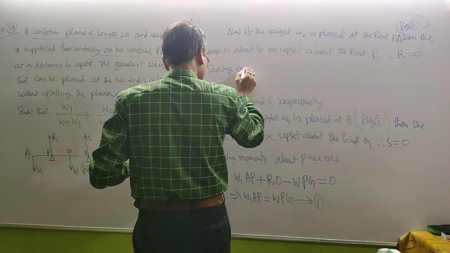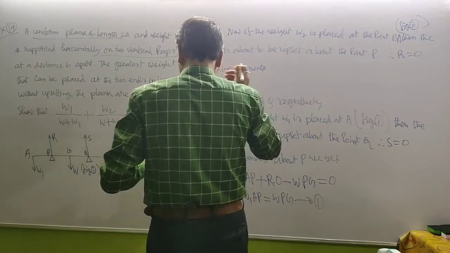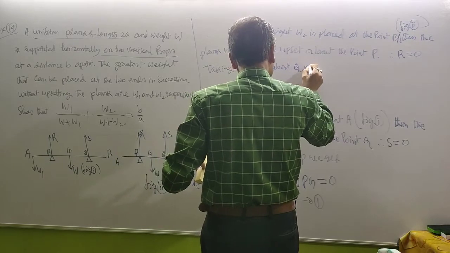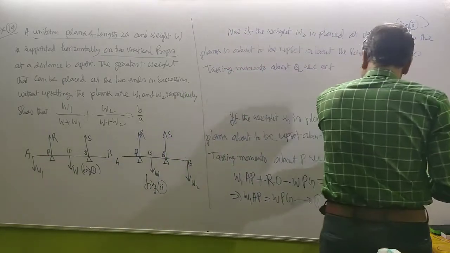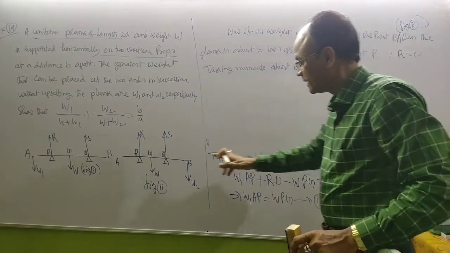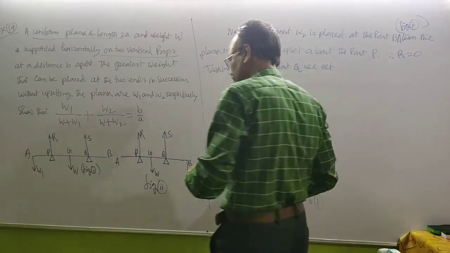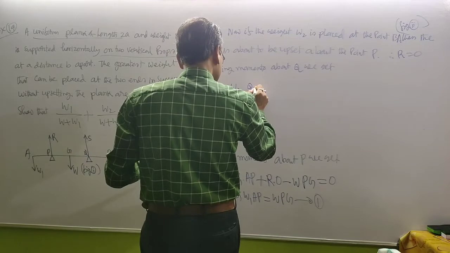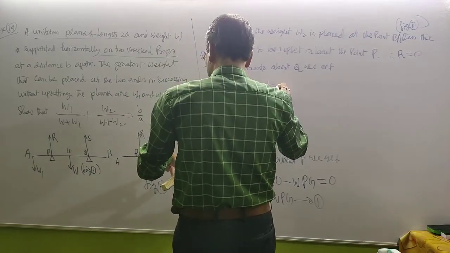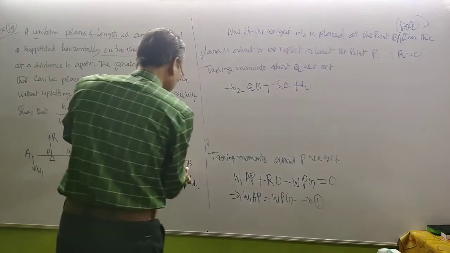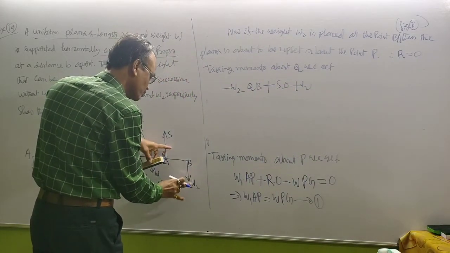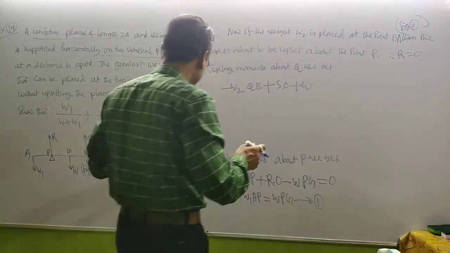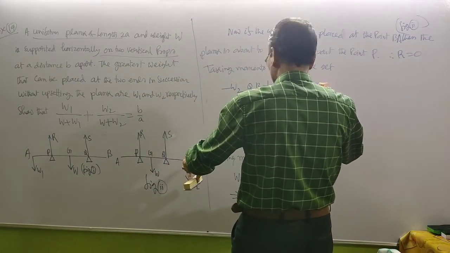Taking moments of the forces about Q, we get: minus W2 into QB equal to plus S into 0 plus W into GQ, because W2 will try to rotate in the anti-clockwise direction, so it is taken as positive, and W tries to rotate in the clockwise direction, so it is taken as negative.